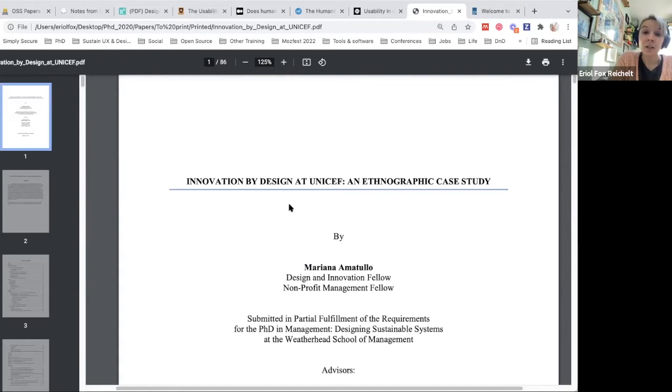What I'm looking at is what does innovation mean within humanitarian organizations in terms of design, and openness and open source, and does innovation equal open source, and does innovative open source equal design involvement. So those are the things that I'm looking for from my own research.